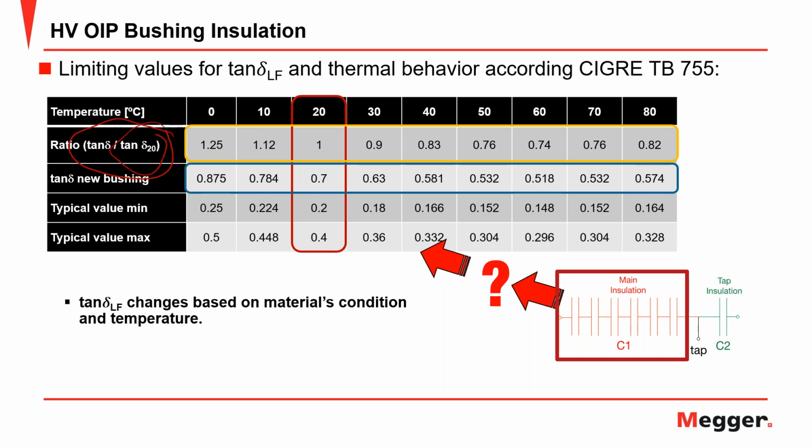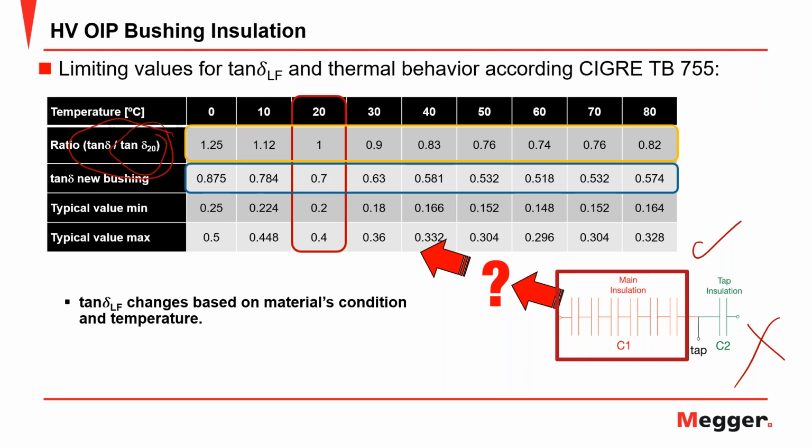And this is only provided for C1, okay? So there are no correction factors provided for C2, because C2 is not always the best guide, not always the best way to look at the insulation assessment.